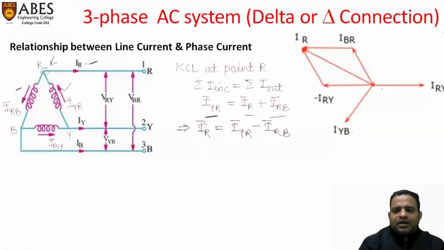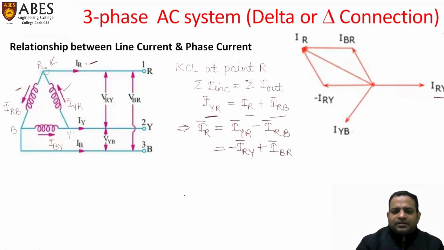But we know that this is our IRY, so we can change our vector. This is minus IRY, and this is minus of minus plus IBR.